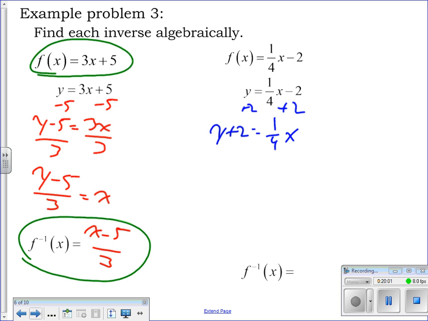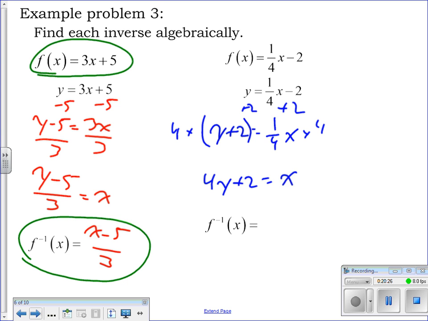Next step, get rid of the 1/4. To get rid of the 1/4, what do I do? Multiply by 4. So I multiply both sides by 4. Remember, it's that whole thing times 4. So I get 4 times y plus 2 equals x.